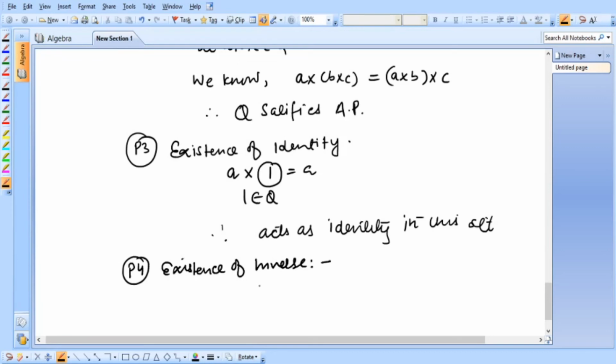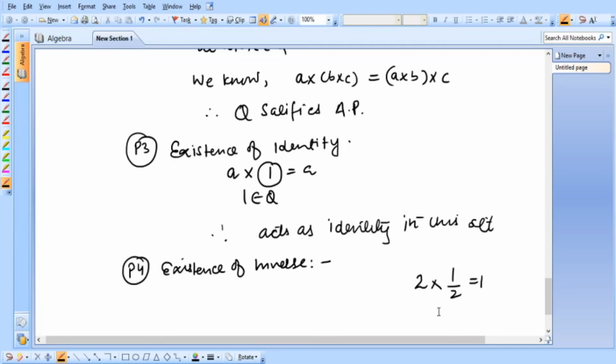So here you see, the inverse of 2 is 1 by 2, right? Yes, for 2 obviously the inverse exists. And the inverse of 3 is 1 by 3, right?